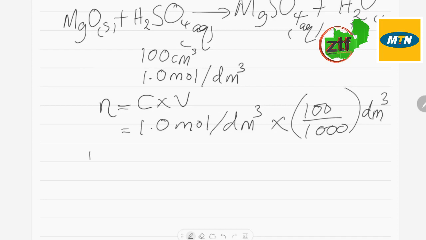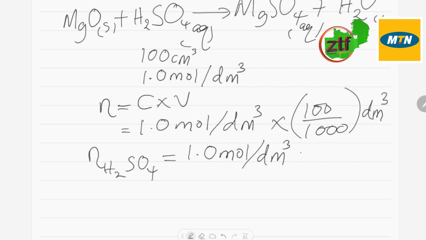So number of moles of H2SO4 in this case is equal to 1.0 mole per cubic decimeter times 100 divided by 1,000.